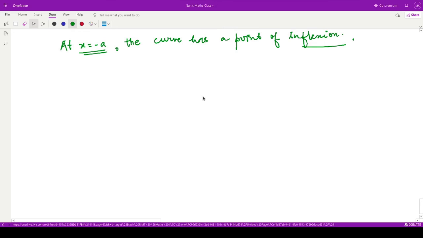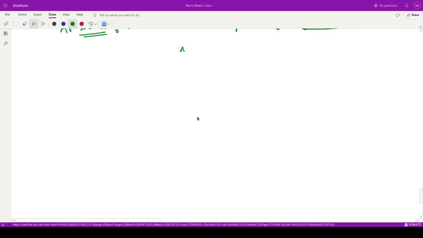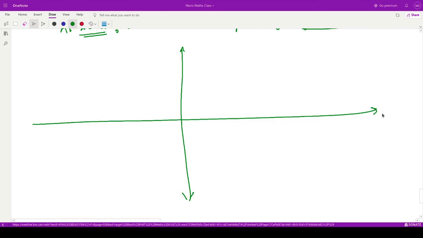So when we draw its graph, we would have our y-axis and then we would have our x-axis, right? So this is our y-axis, say this is our x-axis, and we have this point 0 over here.